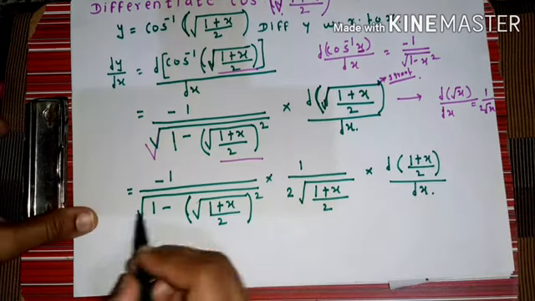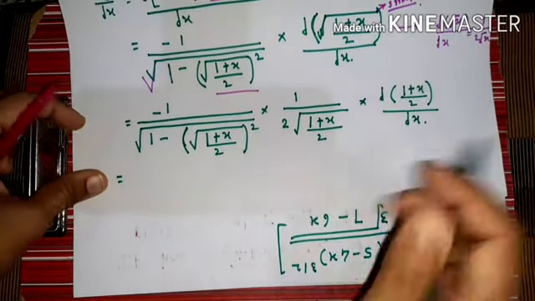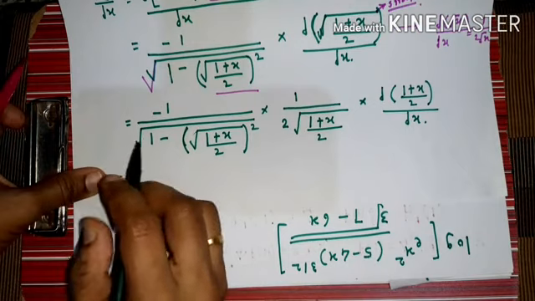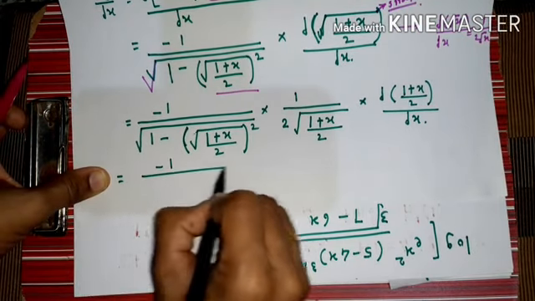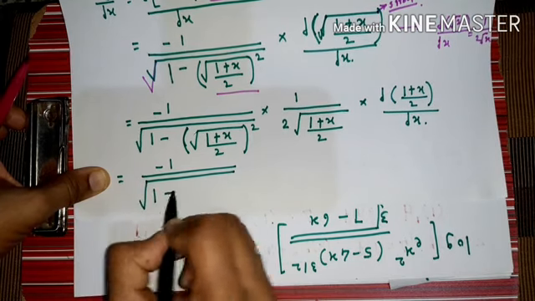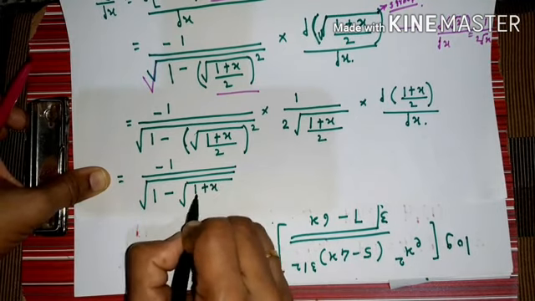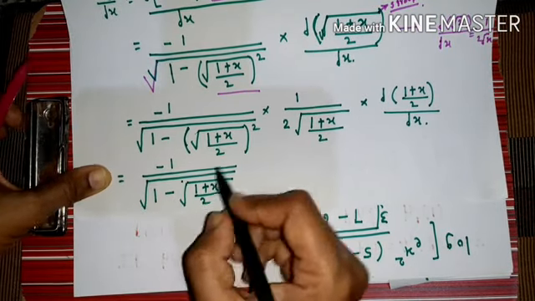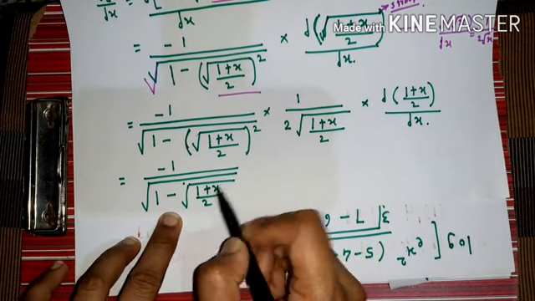Okay. And therefore this is equal to minus 1 upon square root of 1 minus square root of 1 plus x upon 2 whole square, and the square root of whole square, that is 1 plus x upon 2.